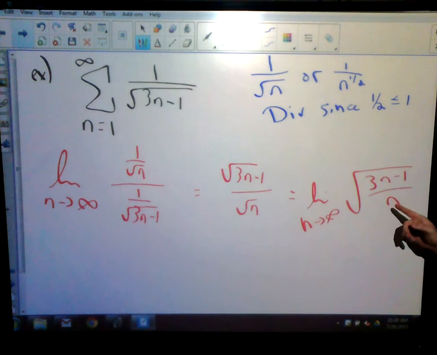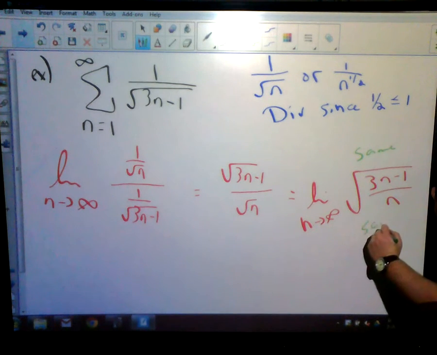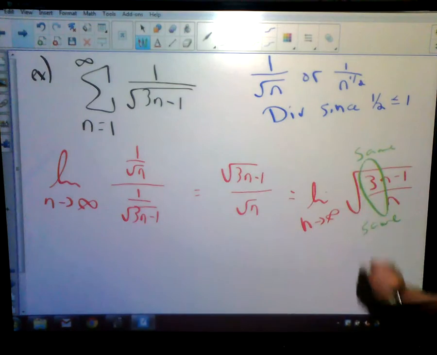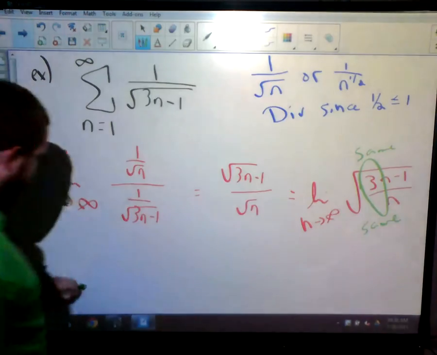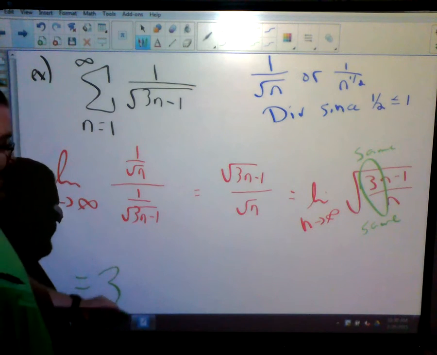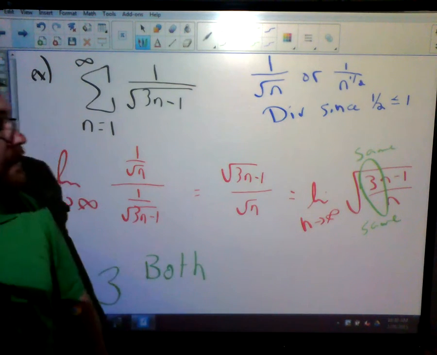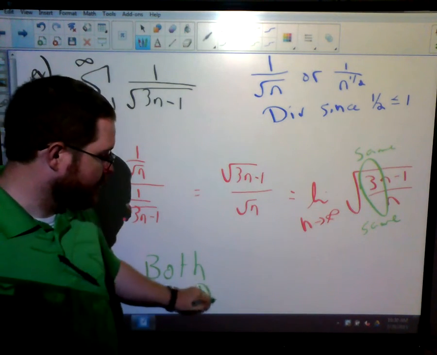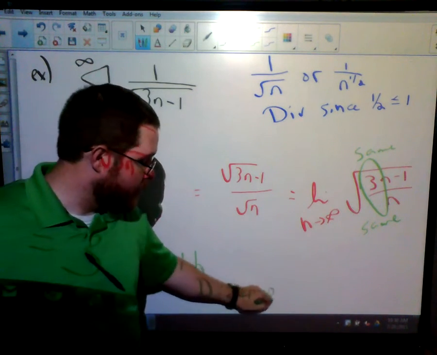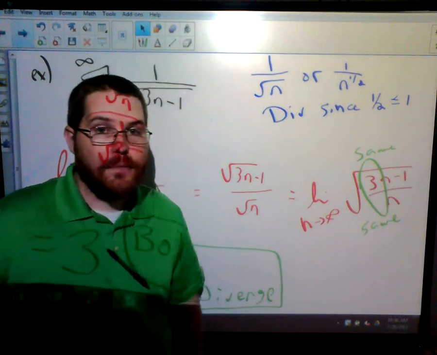It's 1/2 and it's 1/2. This is same over same. If it's same over same, I look at the numbers in front. I get 3. Because I get a number that's not 0 or infinity, they both must do the same thing. In this case, they both diverge, since the one that I knew diverged. Okay? Be very specific about what they're saying.